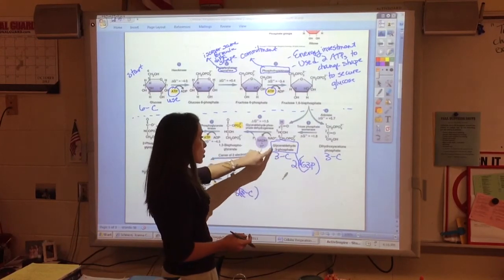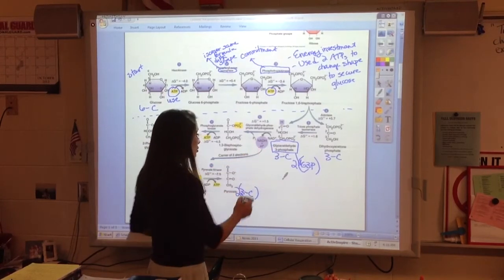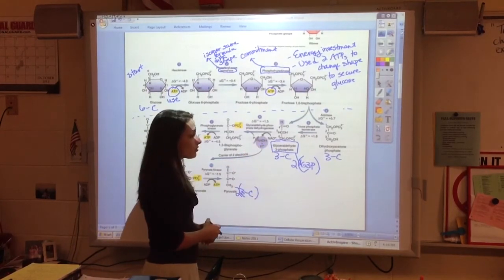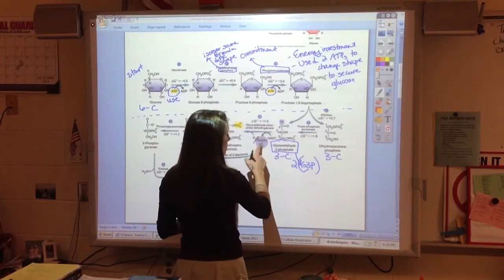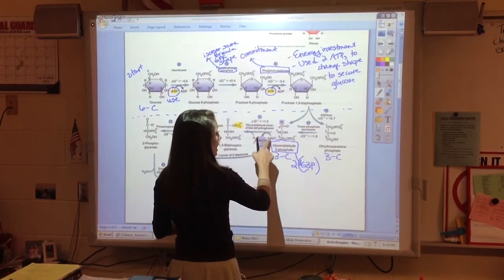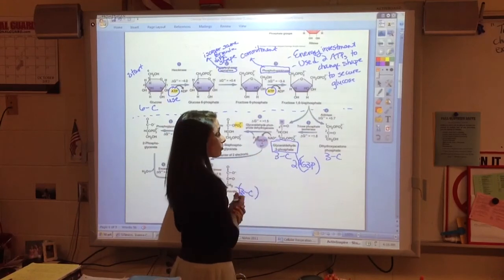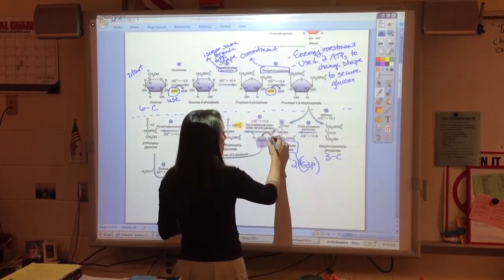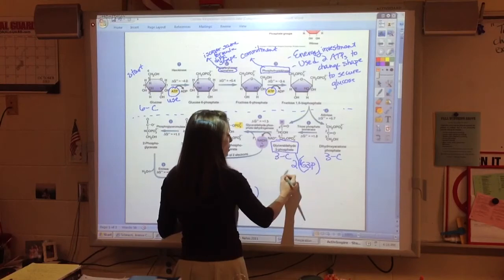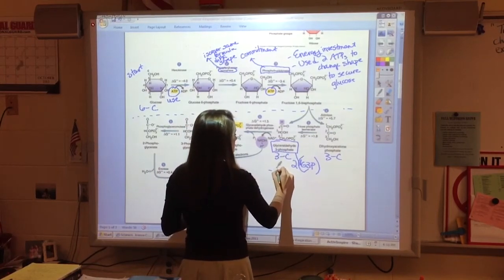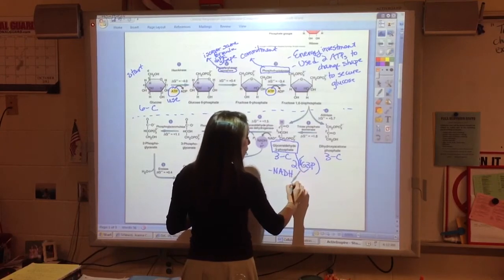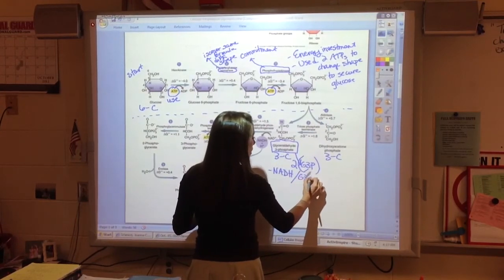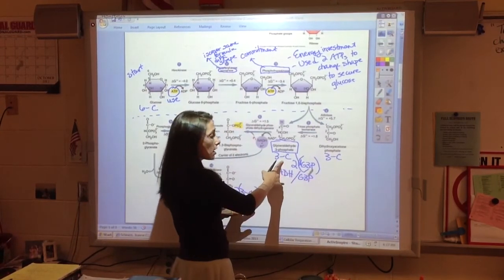So these 2 G3Ps then actually get an electron removed. So these are actually what get oxidized. NAD plus gets reduced. So right here we actually see the creation of 1 NADH per G3P, or 3-carbon compound.